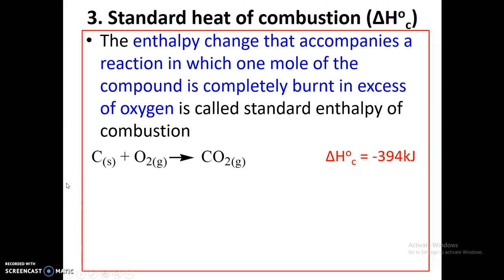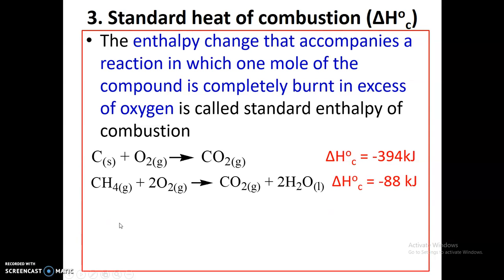As an example, consider the combustion of carbon. When 1 mole of carbon is burnt in excess of oxygen to get carbon dioxide, the enthalpy change is minus 394 kilojoule. It means during combustion of 1 mole of carbon, the heat evolved is minus 394 kilojoule.